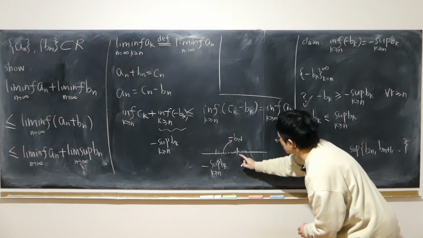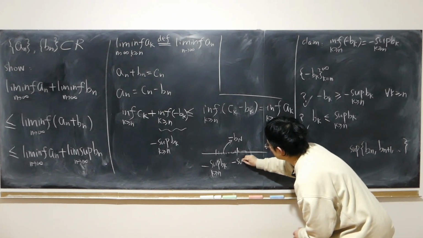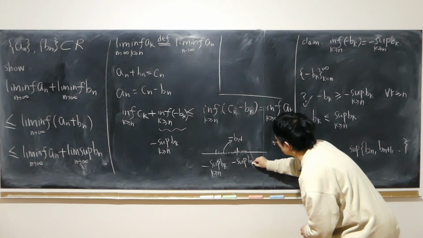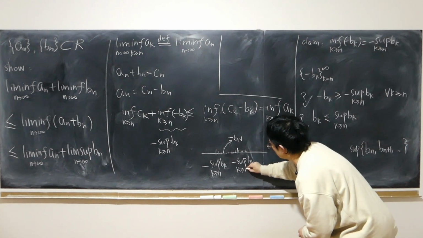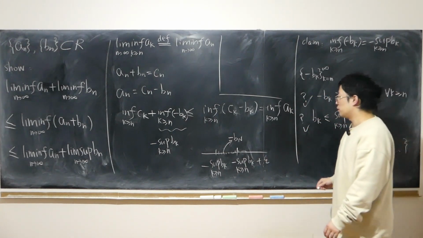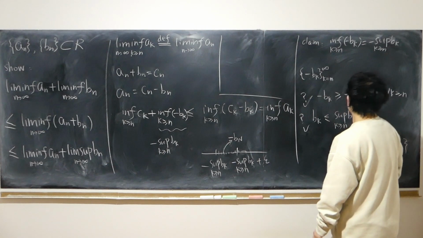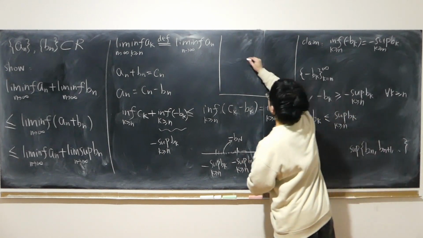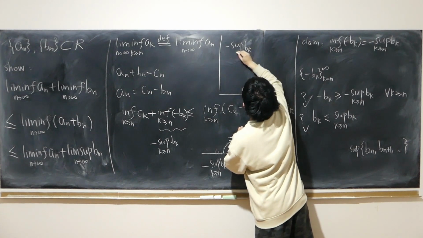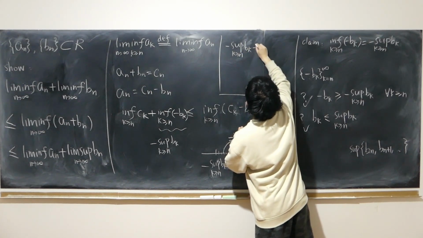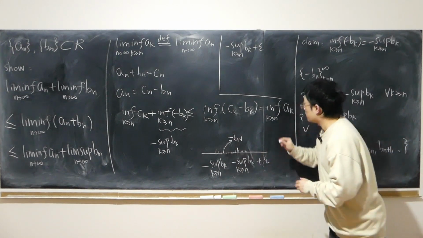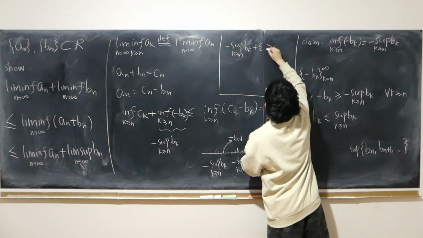So this is in fact this number plus epsilon. In other words, can we show that negative supremum Bk plus epsilon is bigger than this Bn, negative Bn?